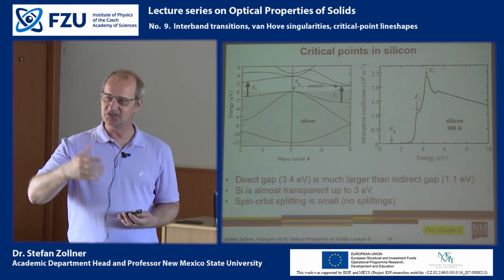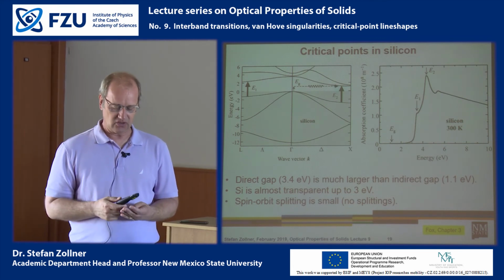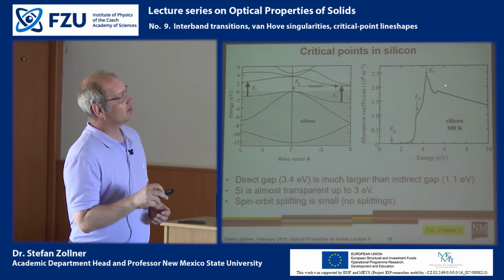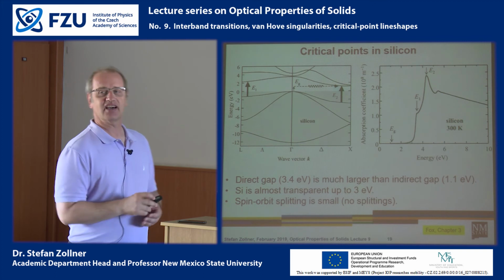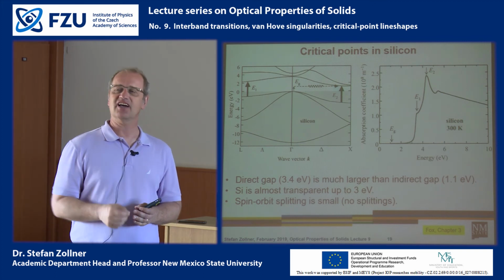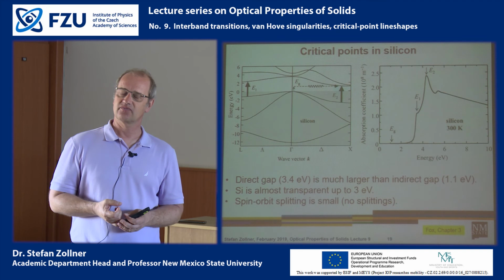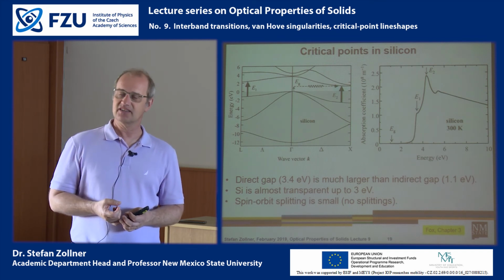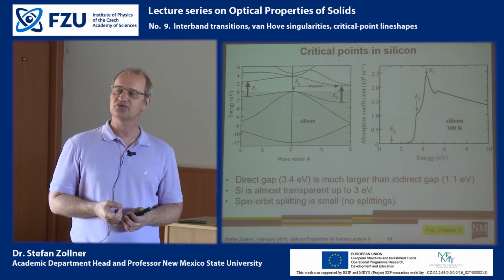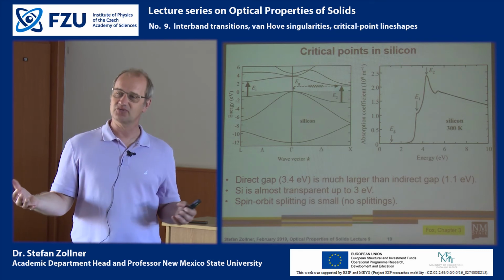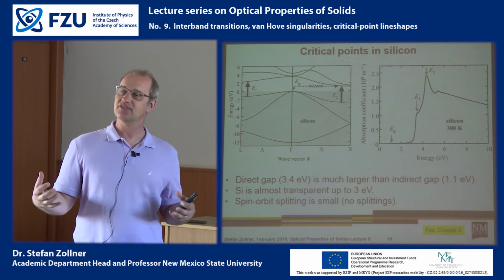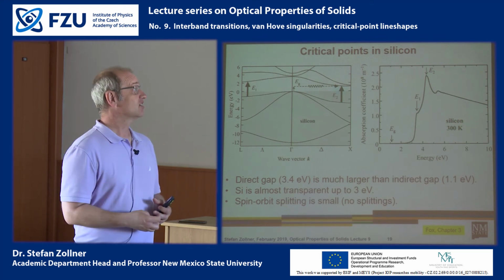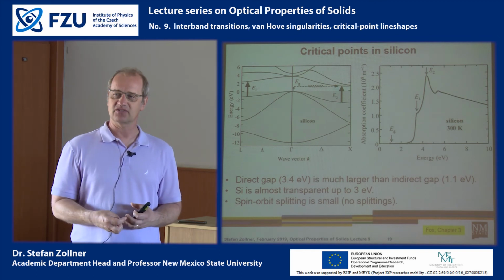So, which you can do in this building. With a regular ellipsometer, you can measure up to about 6.5 electron volts. Above 6.5 electron volts, air will start to absorb, and therefore you have to use either a vacuum instrument where the sample and the light, everything is in vacuum, or at least you have to nitrogen purge the instrument.